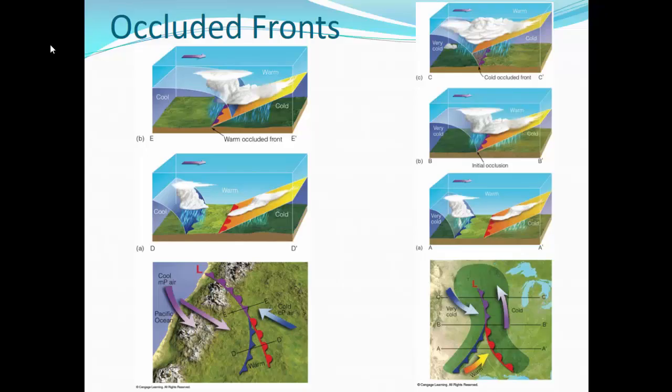So if you look at A just above the surface map, we can see the very cold air marching along into that warm sector, and with cold air over warm, you get an unstable environment, clouds of vertical extent and thunderstorms. Once that cold front literally catches up to the warm front, that is the initial occlusion. One thing you need to recognize is that at the initial occlusion, this mid-latitude cyclone is at its most powerful.